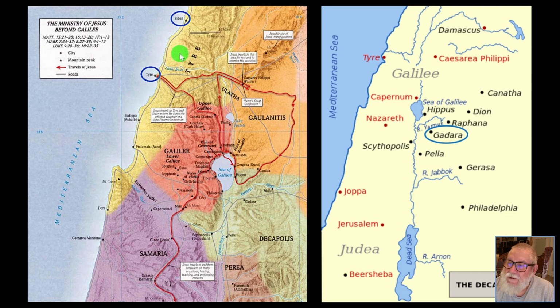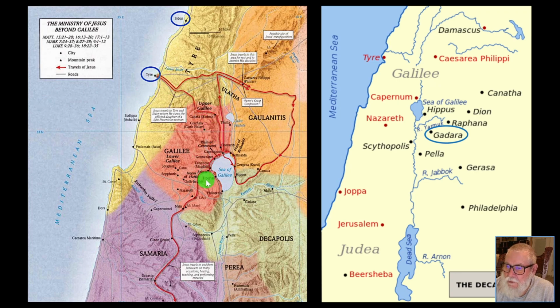By the time of Jesus, they had been conquered by many people, but they still had Phoenician people living there. Notice that around Tyre is this region of Tyre, and then the region of Sidon. So we'll look at that in Matthew 15, where Jesus traveled to Tyre and Sidon to minister to this Syro-Phoenician woman.